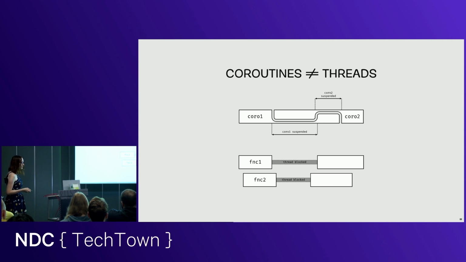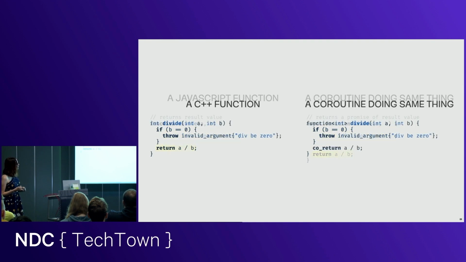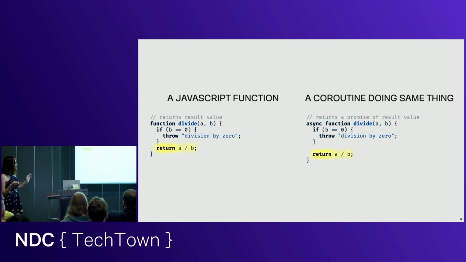So in JavaScript, you have function divide, which is just a normal function which will take two numbers, check the numbers, and throw an exception or return a value. An asynchronous function will look almost the same, but there is the async keyword. Otherwise, it's the same.